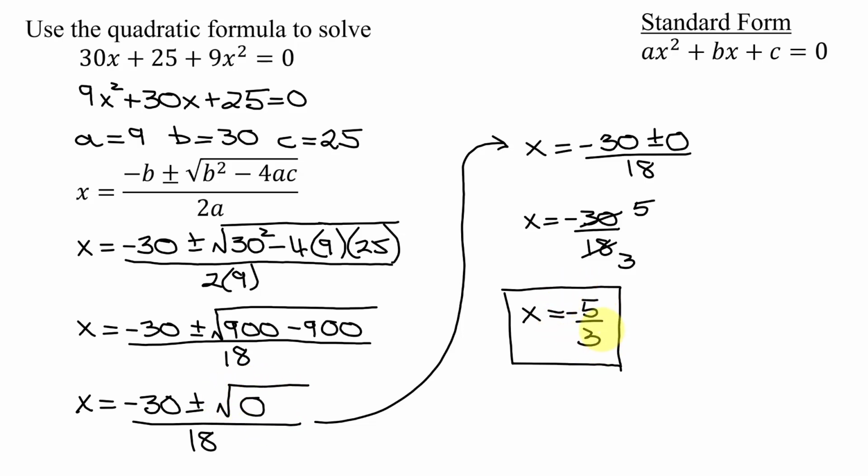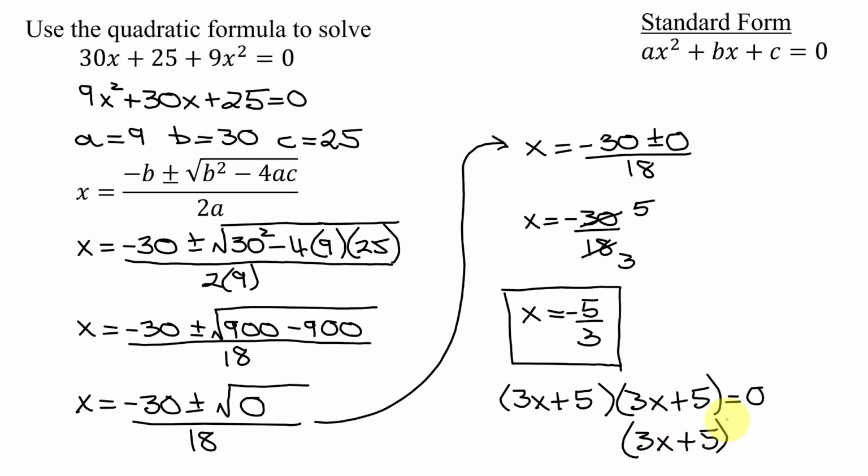This also tells us that our quadratic equation would have factored, and it would have factored into the square of a binomial, because it would have factored to (3x + 5)(3x + 5) = 0, which would have given me (3x + 5)² = 0. So this solution of x = -5/3 is often called a double root.